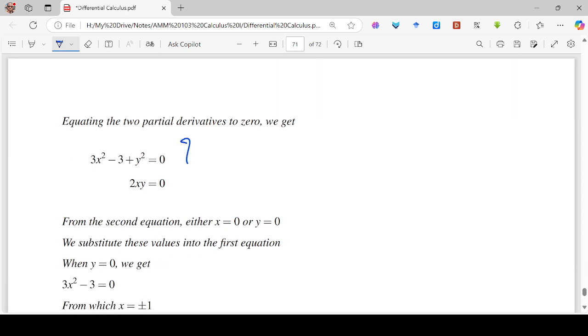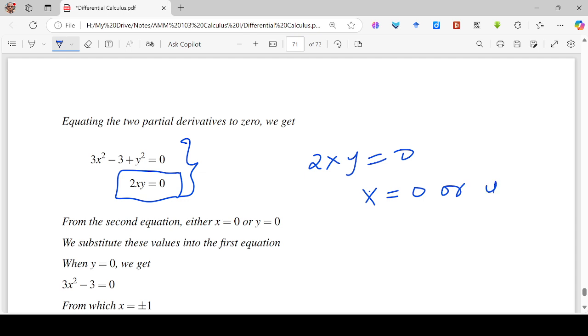So we have these two equations, and from the second equation, we get 2xy is equal to 0, which means that either x is 0 or y is 0. We substitute each of these into the first equation.